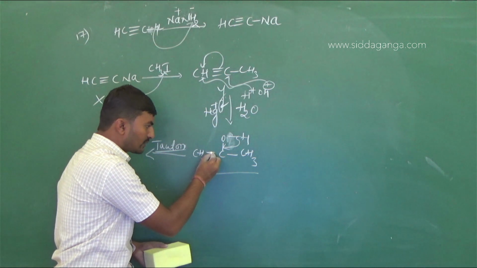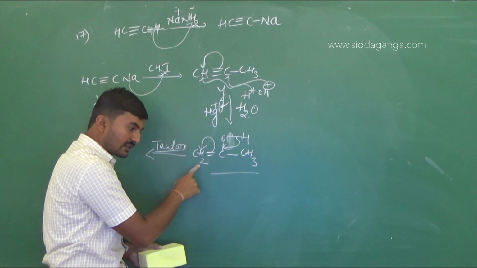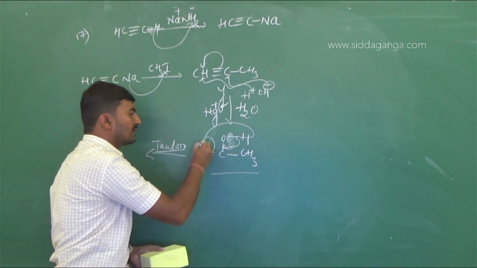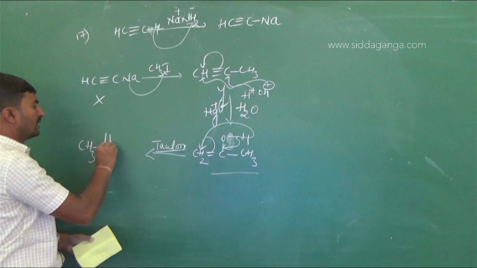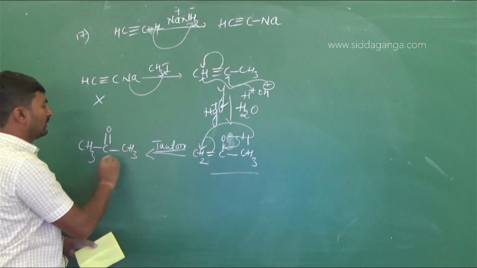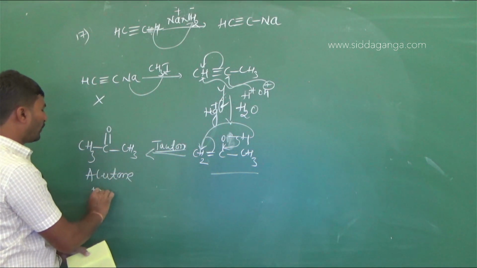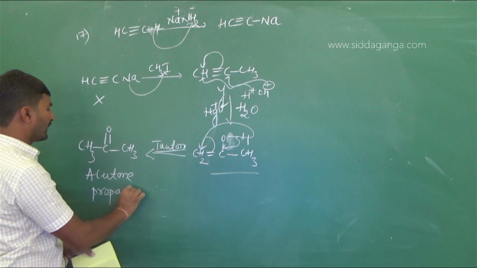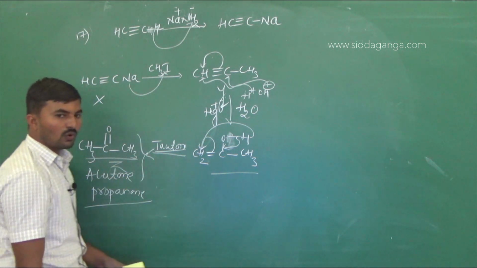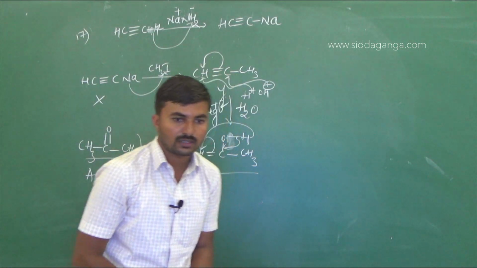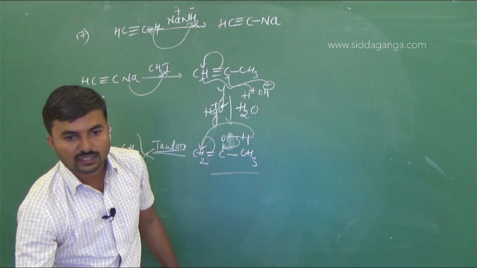So in order to satisfy its valency, this bond shifted to here. This will become CH2 minus, and this CH2 minus abstracts this proton, and finally it will become CH3 C double bond O CH3. This is acetone in general, or propanone in IUPAC. Which is the final product Z? This is CH3COCH3. Which is the correct option then? Option 3, that is CH3COCH3.